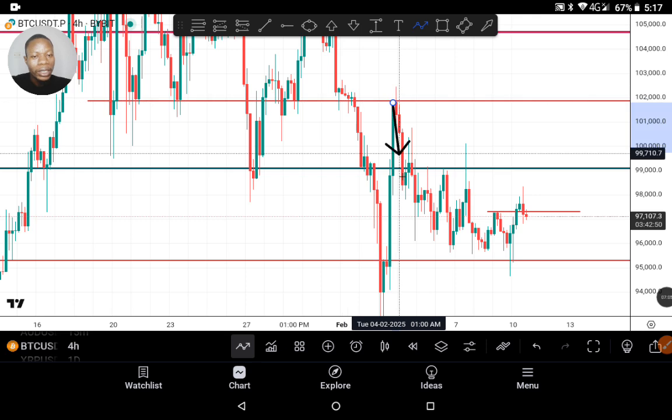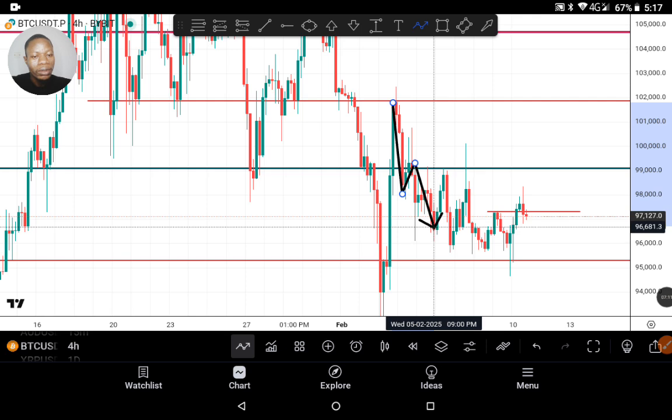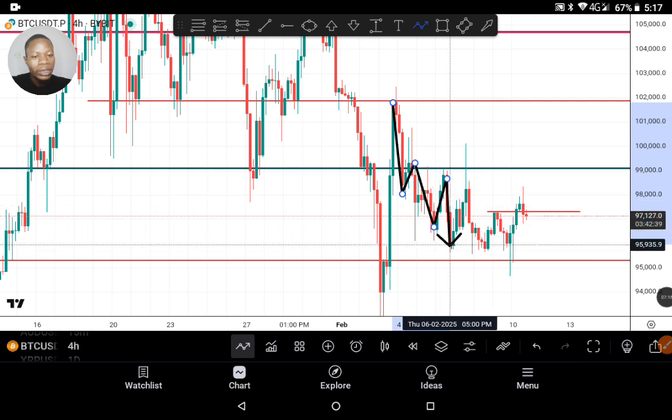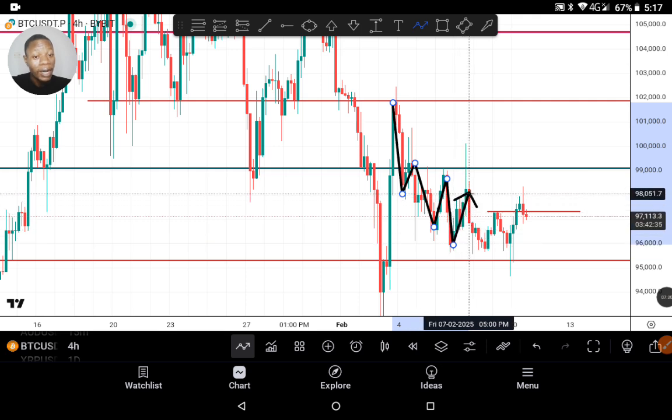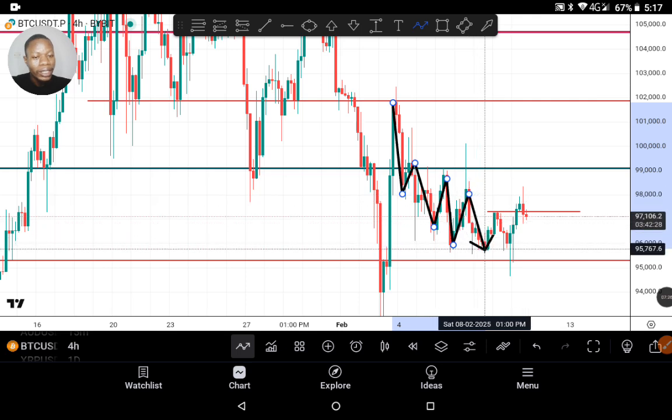From this point, the market came here, gave us lower high, lower low, lower high, another lower low, which shows that it's trending downward on 4 hours. So this is another lower high, lower low, as expected.